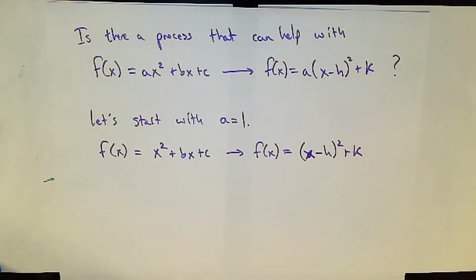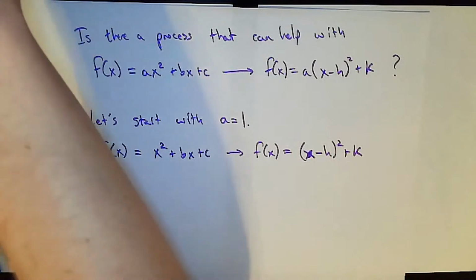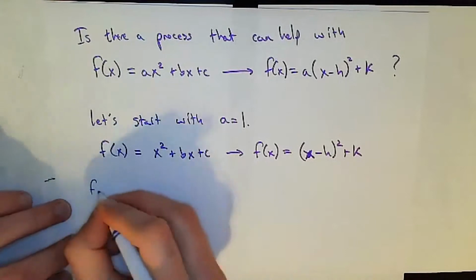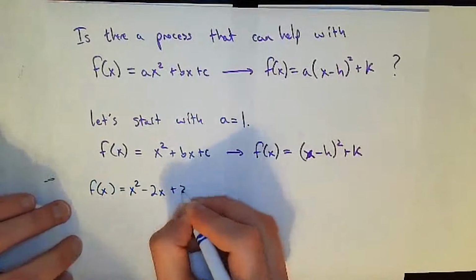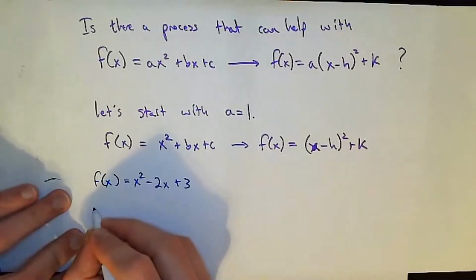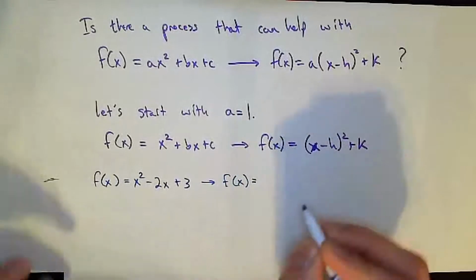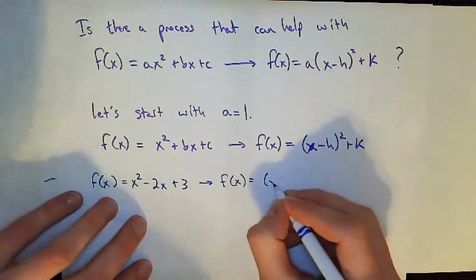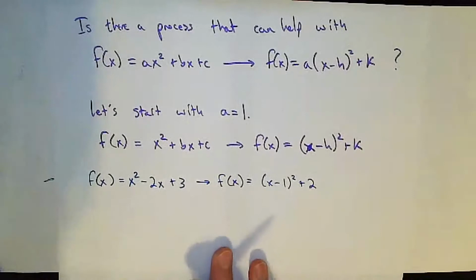Let's look at those previous examples. We had f of x equals x squared minus 2x plus 3, and that culminated in f of x equal to x minus 1 all squared, and then plus 2. So you should note that the k term is not really a problem, right?